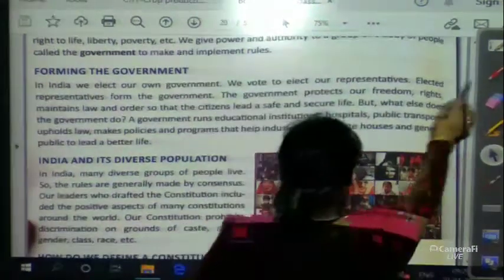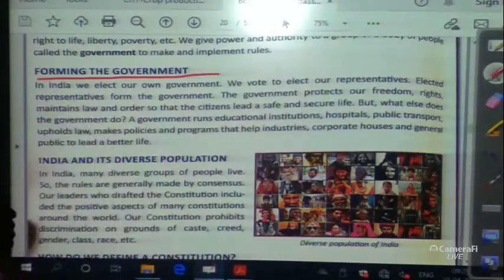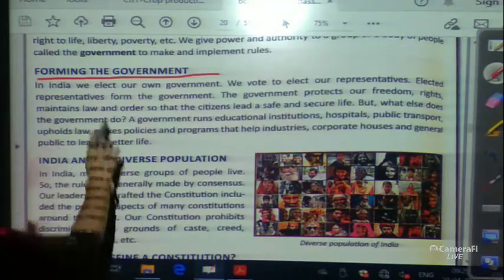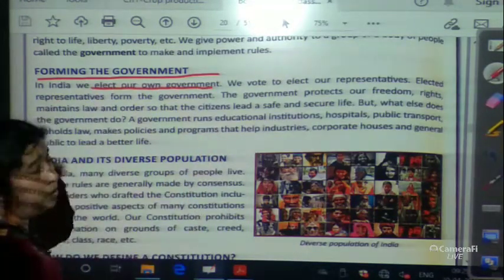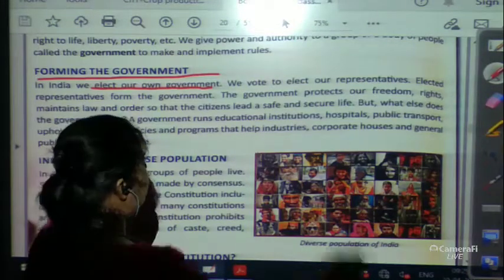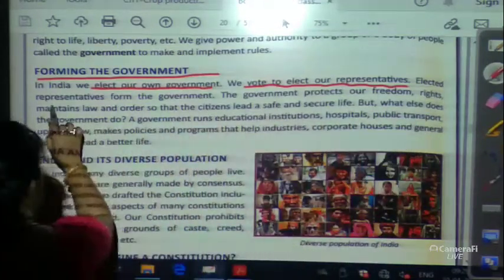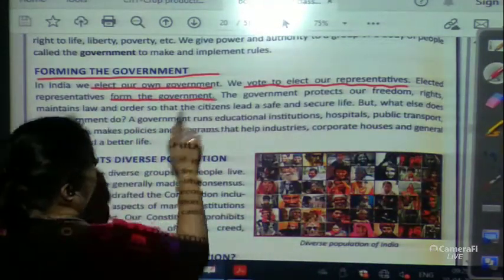Now our next part is forming the government. How to form the government? In India we elect our own government. We all know how we elect our government. We vote to elect our representatives. Elected representatives form the government.